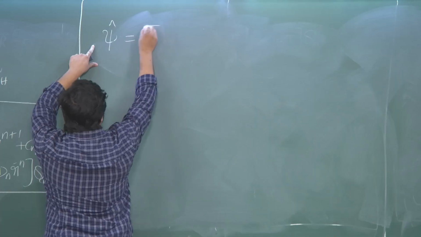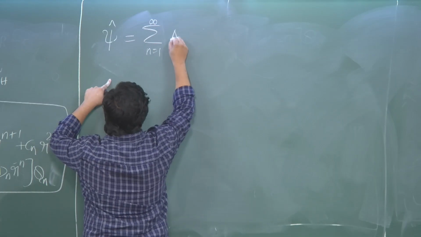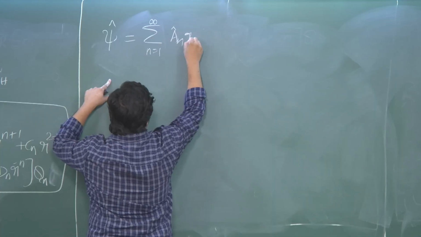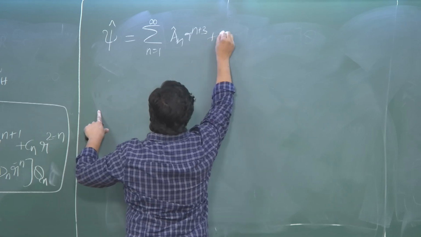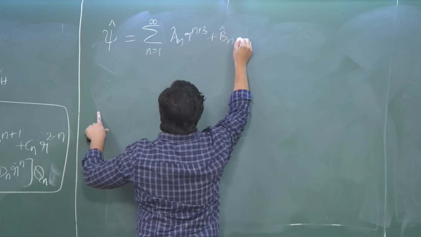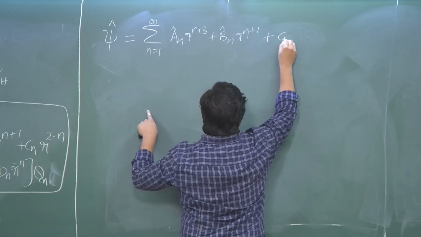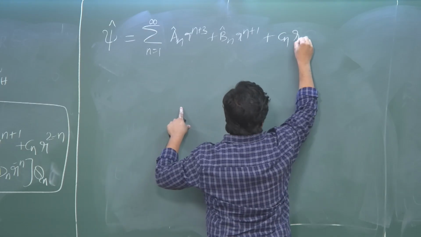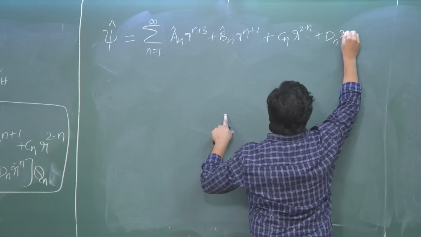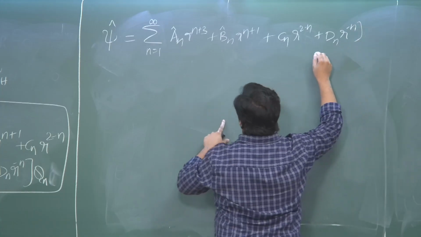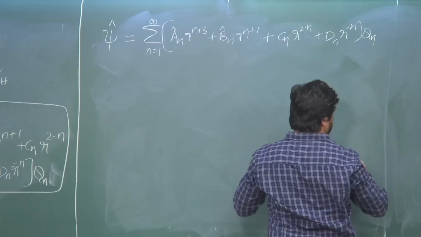My solution for inner will be represented with a caret, outer will be without any caret. So, psi, n equal to 1 to infinity, a power n r power n plus 3 plus b power n r power n plus 1 plus Cn r power 2 minus n plus Dn r power minus n, Qn.